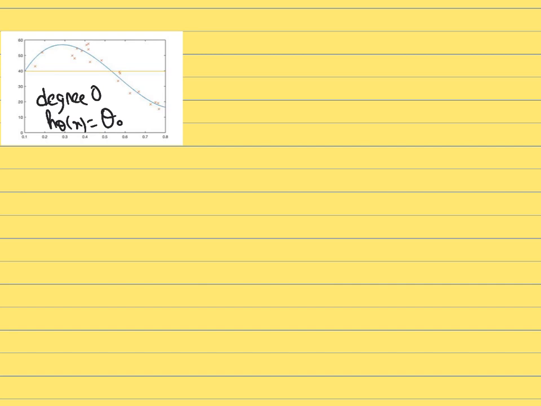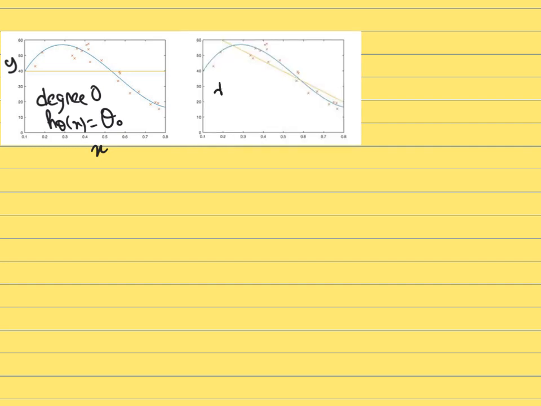Clearly that would be too simple, because it would not capture any relationship between the input x and the output y. Now this is what you would get if you use a degree 1, using what we saw last time, which is just a linear regression where your model is a linear function of x.